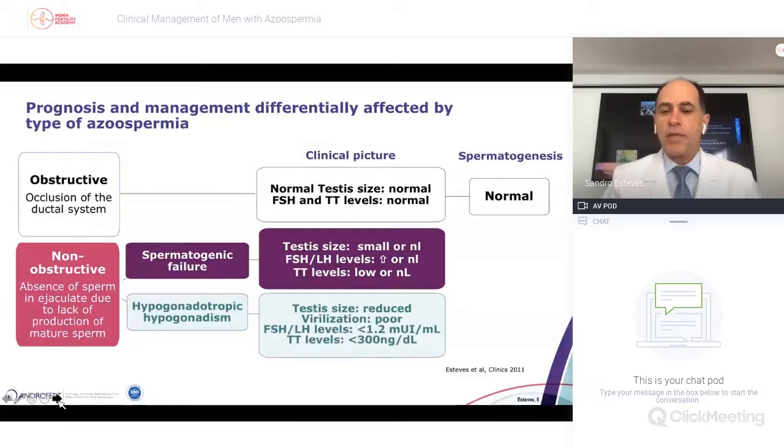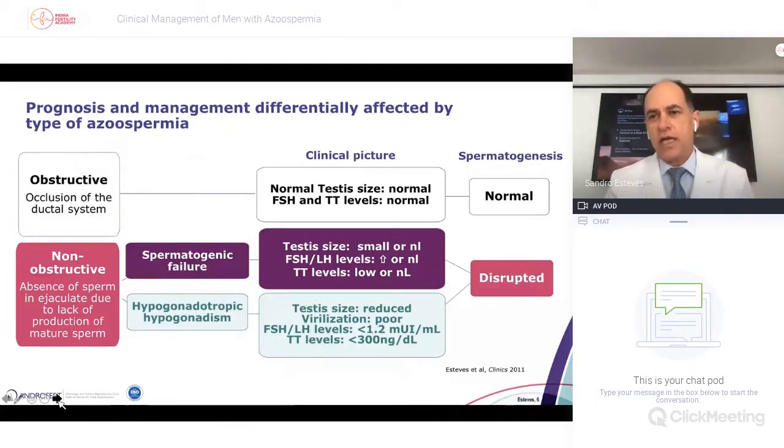Hypogonadotropic hypogonadism is a completely different scenario because in this case, the testicular size will be reduced, the virilization is going to be poor, and the FSH and LH levels will be very low, below 1.2 milli-international units per ml, and testosterone levels will be below 300 nanograms per deciliter. The common feature between spermatogenic failure and hypogonadotropic hypogonadism is that in both conditions, spermatogenesis is disrupted.